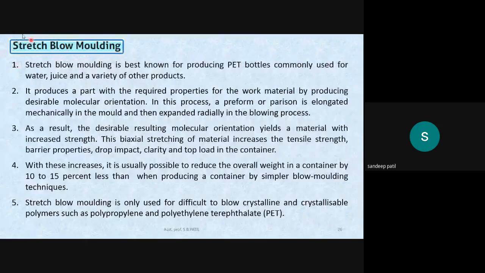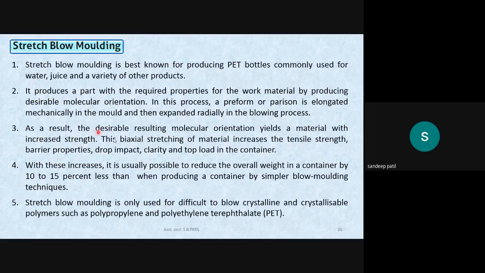If we require sufficient strength in a particular direction, then in that direction the preform, or you can say the input plastic material, is mechanically elongated, so that sufficient strength can be achieved in that particular direction of that PET bottle. And then it is expanded in the blowing process.